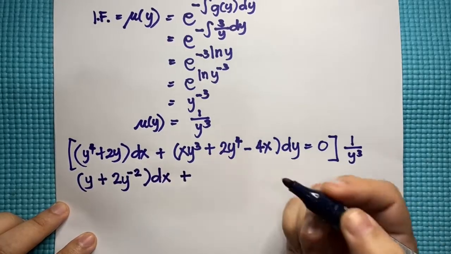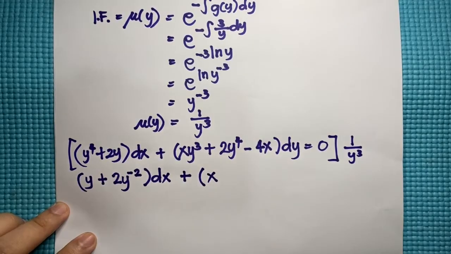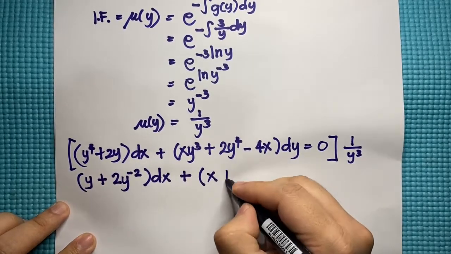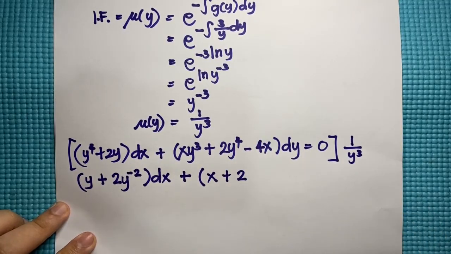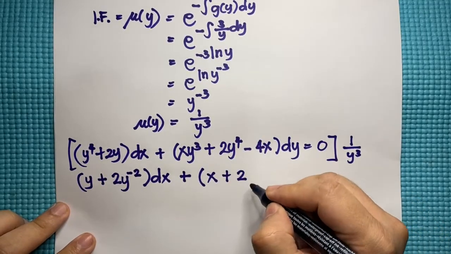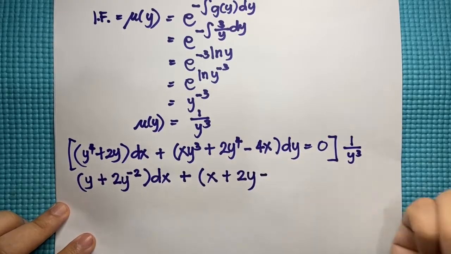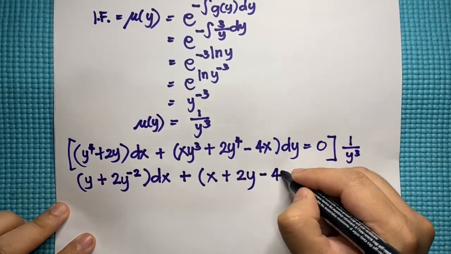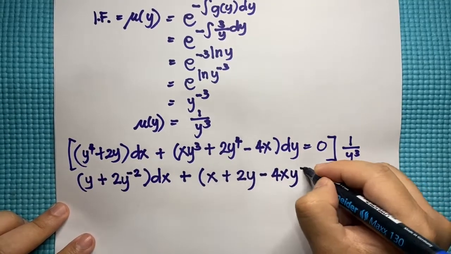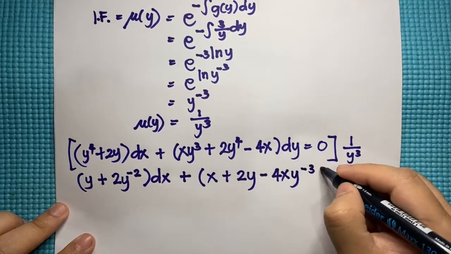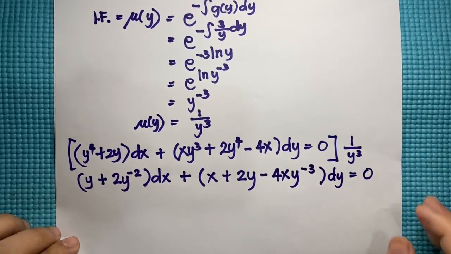Then plus, y cubed and y cubed cancel out, leaving us an x, and then plus 2y to the fourth divided by y cubed, giving us 2y, and minus 4x y raised to negative 3, dy, and that is equal to 0.